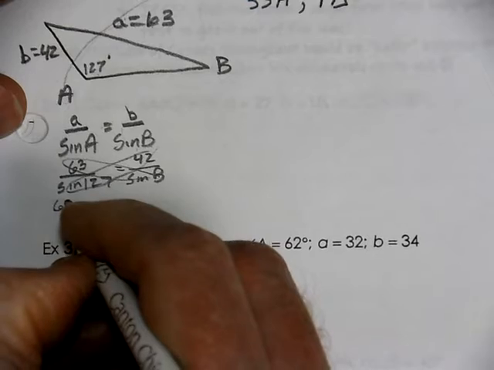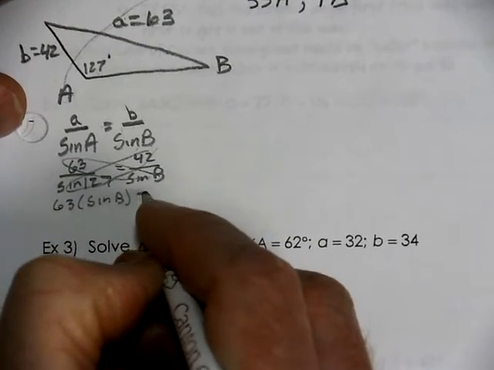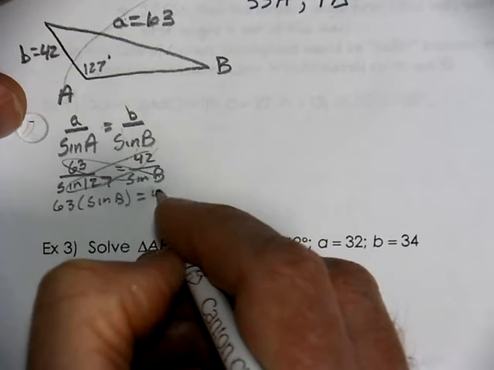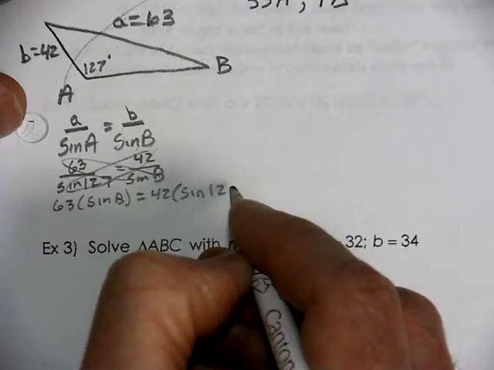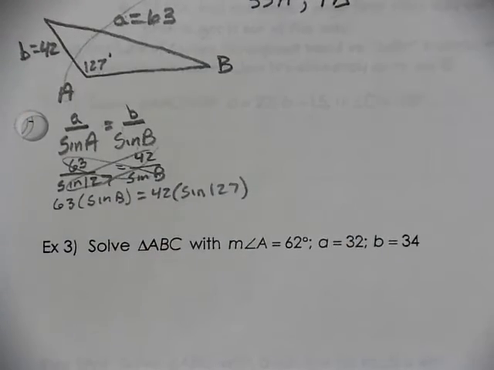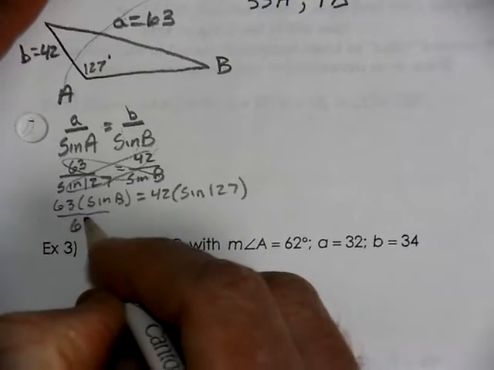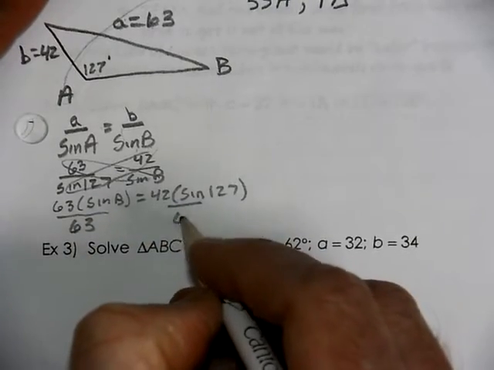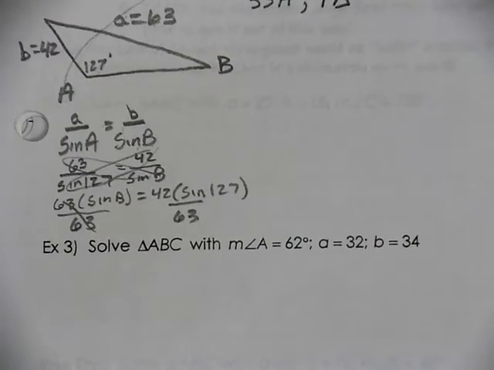That's going to give us 63 times the sine of B equals 42 times the sine of 127. Then we'll need to divide by 63. Now sine of B is all by itself.